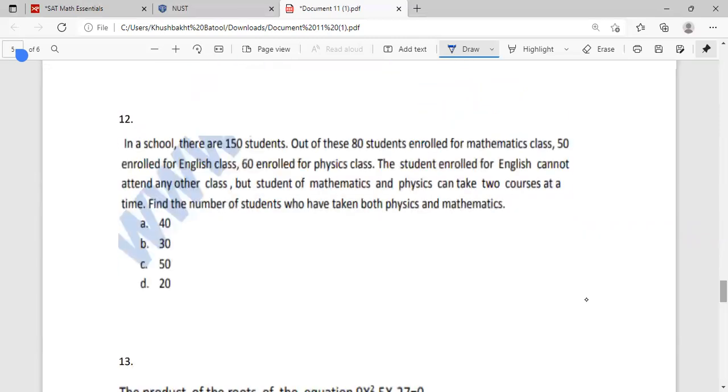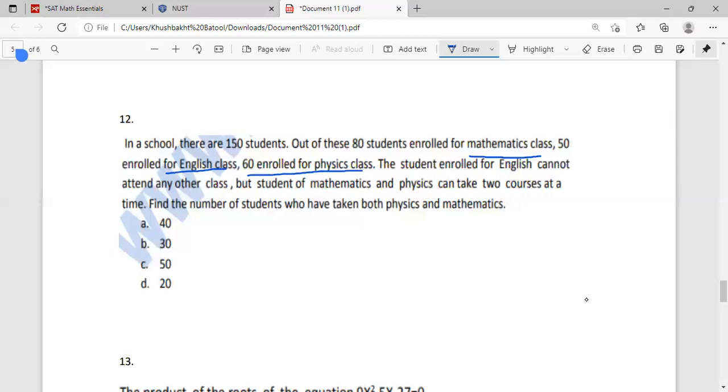All right. Let's talk about this question now. In a school, there are 150 students. Out of these, 80 students are enrolled for mathematics class, 50 are enrolled for English class, 60 are enrolled for physics class.